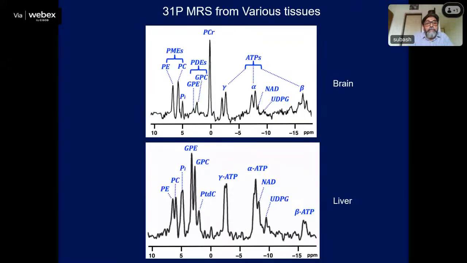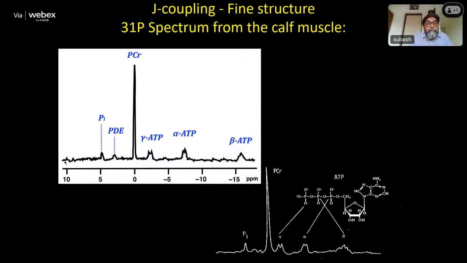So here you see a spectrum from the calf muscle. You can see the PCr, which is an energy reservoir, and you can see the phosphodiester. This is inorganic phosphate, and over 7.5 here you have phosphomonoester. PME will appear over here.